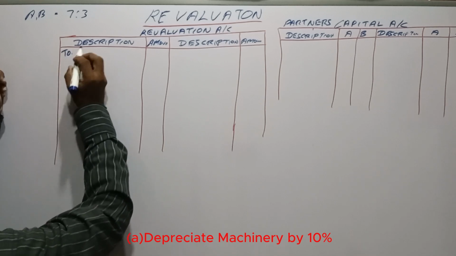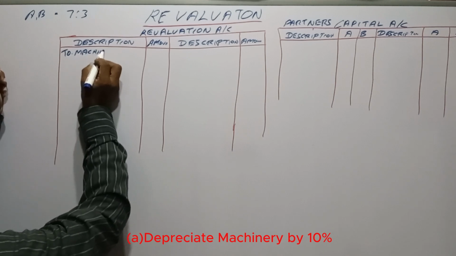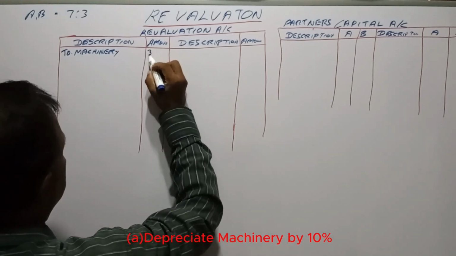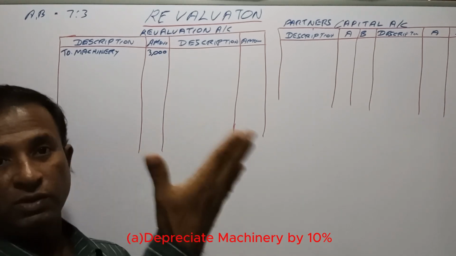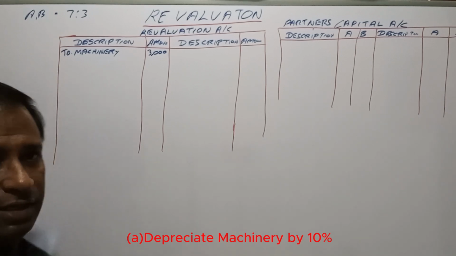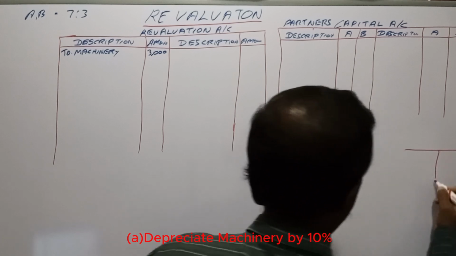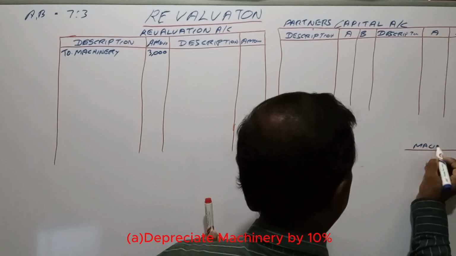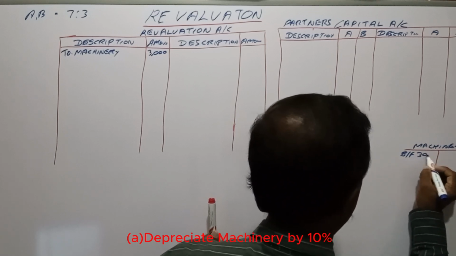Revaluation account, 3,000, debit, and credited to the machinery account. If you have the machinery account you have to credit it. Machinery account, brought forward balance is 30,000.